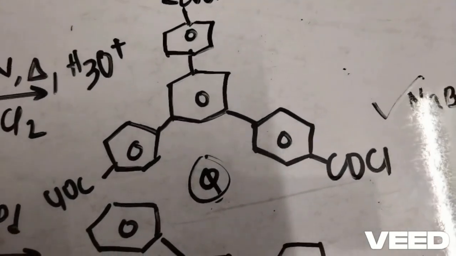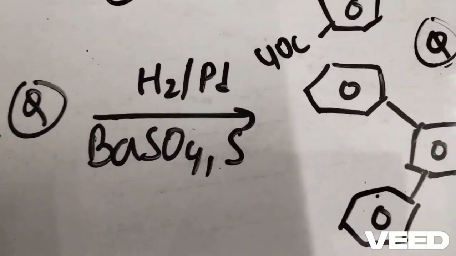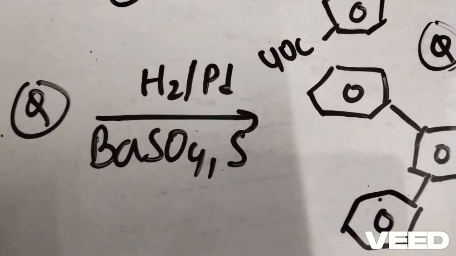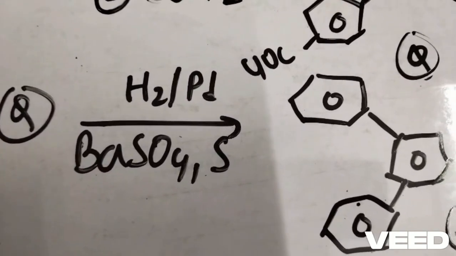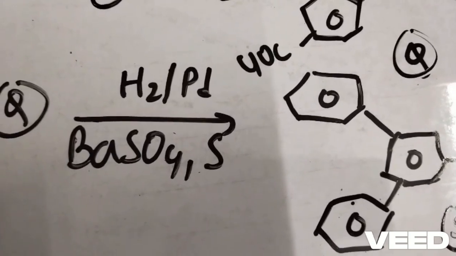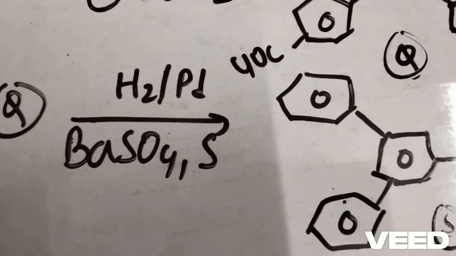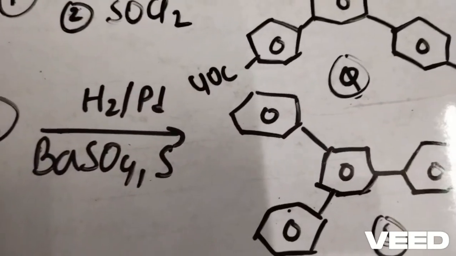Hence, option B is correct. Now, in the third part, the acid halide is being reduced, and the reaction is a well-known named reaction under the name of Rosenmund reduction, where the end product would be CHO in place of all the COCl groups. As a result, we shall get a final product of this.